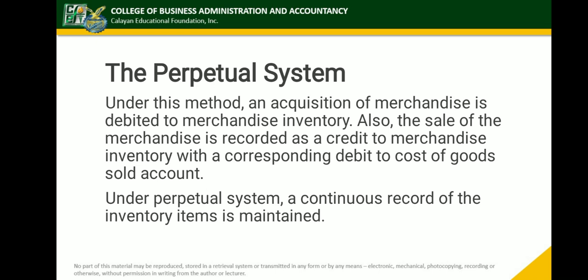Lahat yung apat na yun, ang ipapalit natin sa kanila ay merchandise inventory account. And every time na meron tayong sale, may karagdagang entry tayo dito kay perpetual inventory system. Yun yung cost of goods sold. So, later on, makikita nyo yung difference between them.